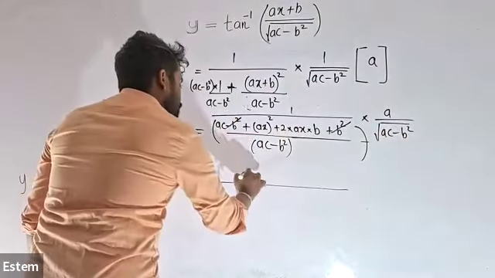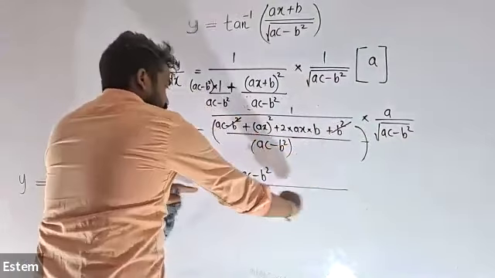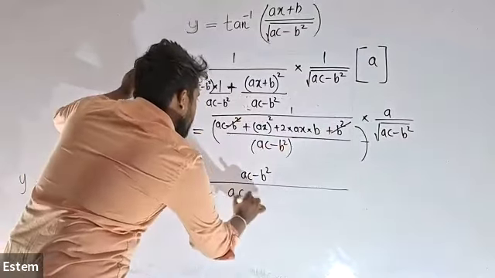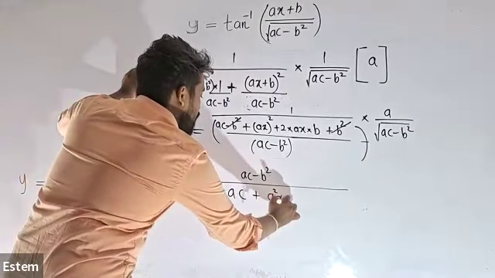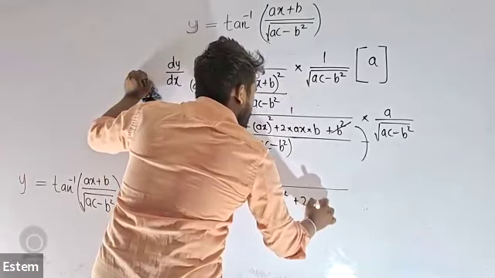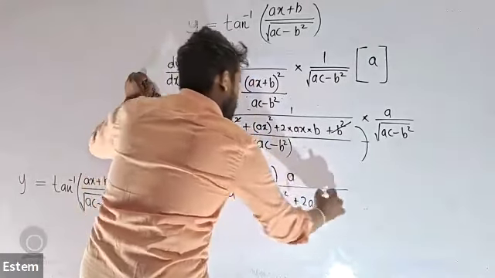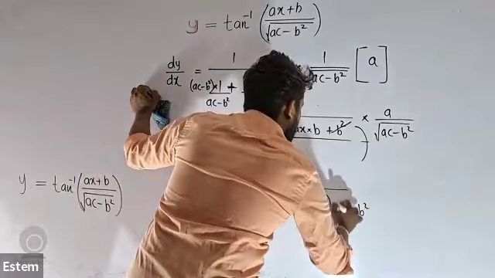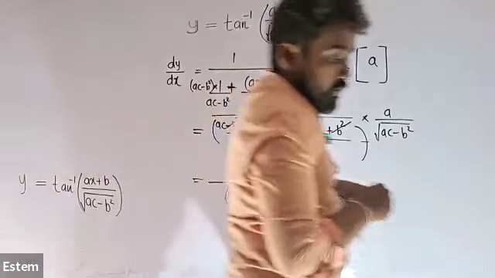Now what happens? ac minus b squared is here, in the down layer it is ac plus a squared x squared, and here 2axb, and it should be multiplied with a, and there is the square root of ac minus b squared also remaining here. So this is the final answer. So do that.